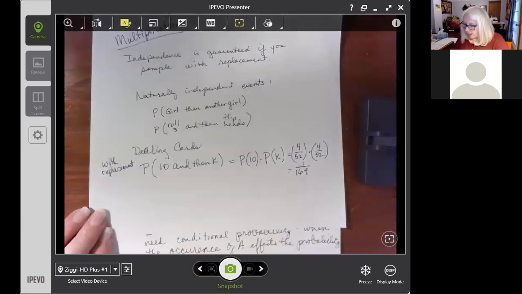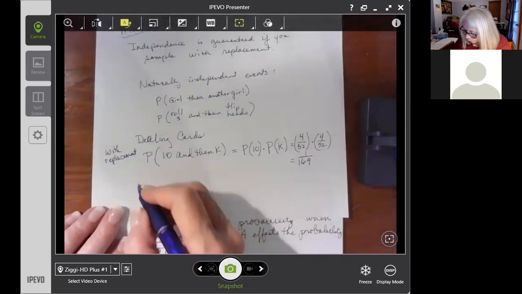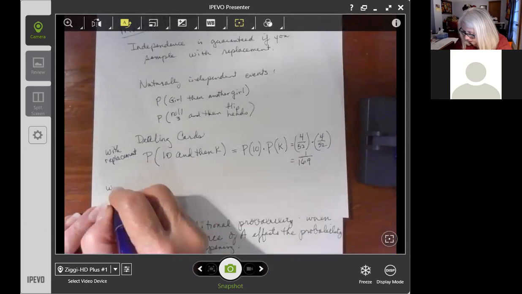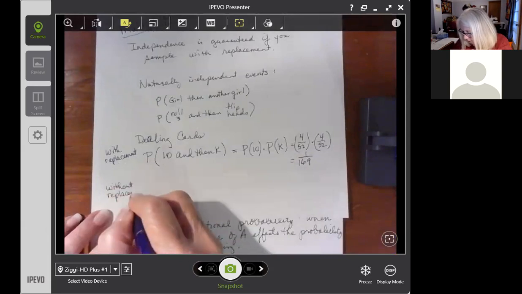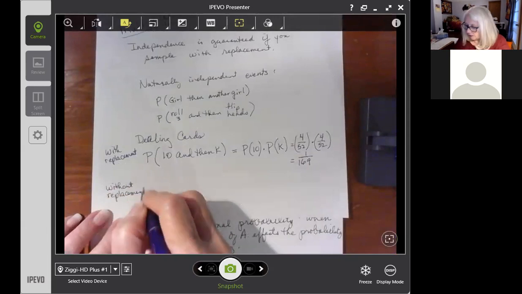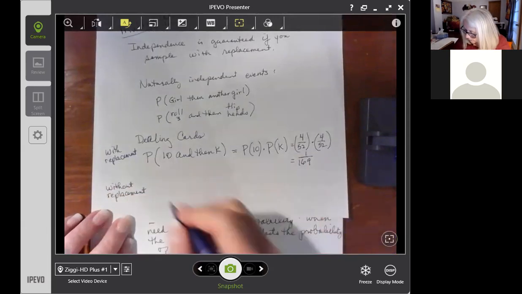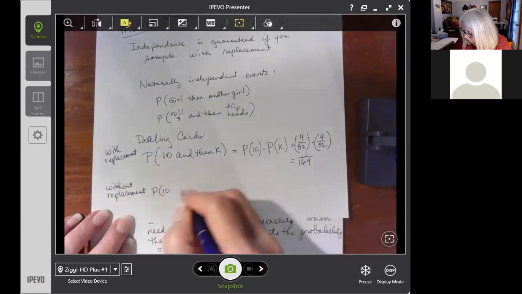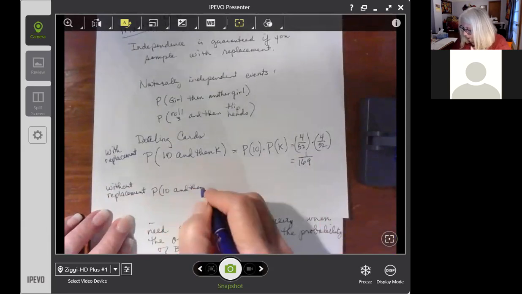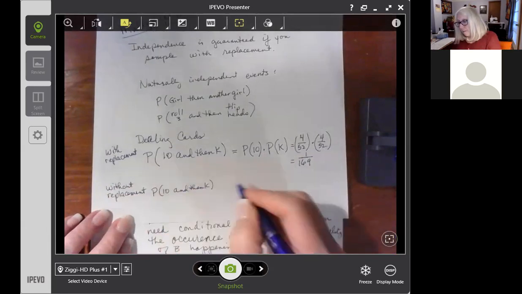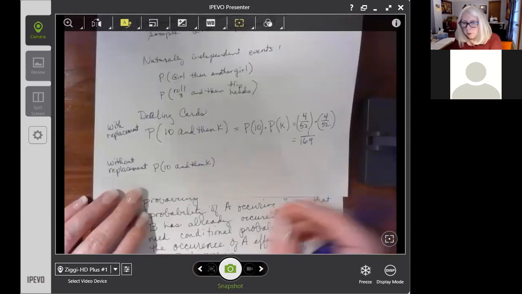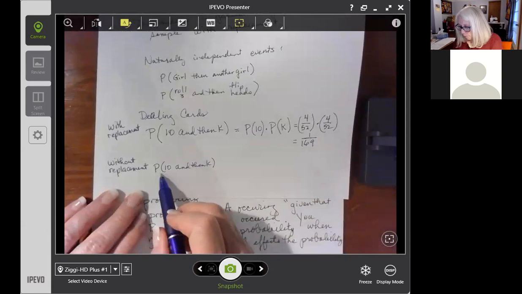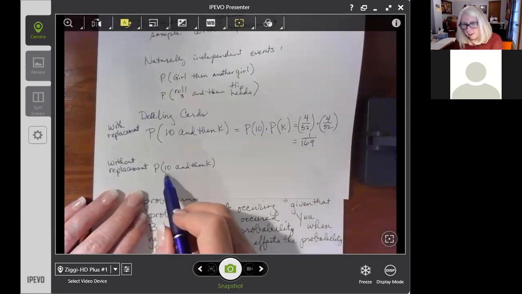Okay, but what would this have been if I were sampling without replacement, which means I deal the first card, but I leave it sitting there on the table, and then I deal a second card. So in that case, the way that should be written is, and I'm putting in the word then, a lot of times they don't, a lot of times they just put capital P parentheses 10 and king, you know.